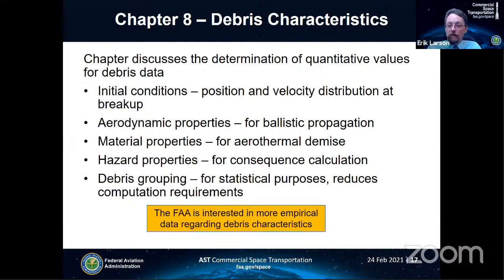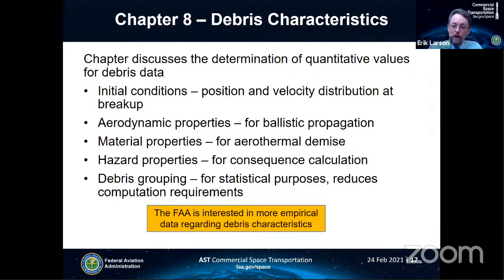The first that needs to be quantified are the initial conditions, which is what is the position and velocity distribution for your debris at breakup. And this is both a function of the vehicle uncertainty, as well as the dynamics of the breakup event itself. And then you need to characterize the aerodynamic properties in order to be able to propagate the debris from the breakup point down to where it impacts.